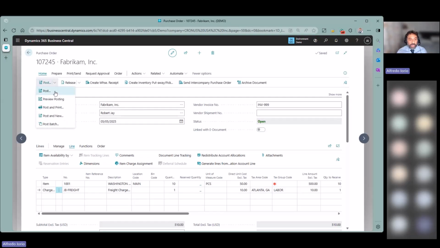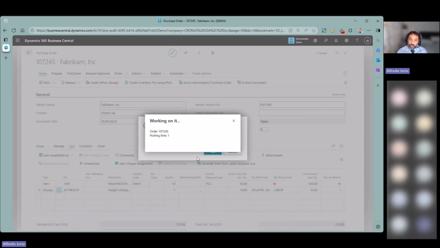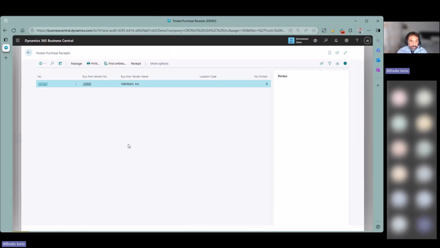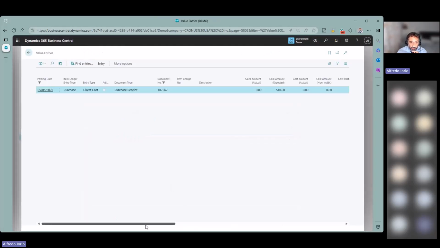So what happens when I post and I want to receive only? Something very similar to the accrual of the overhead rate? Because in Business Central, the direct cost linked to the item charge are also not captured at all.